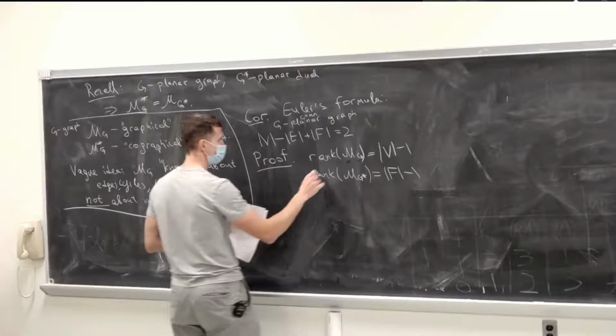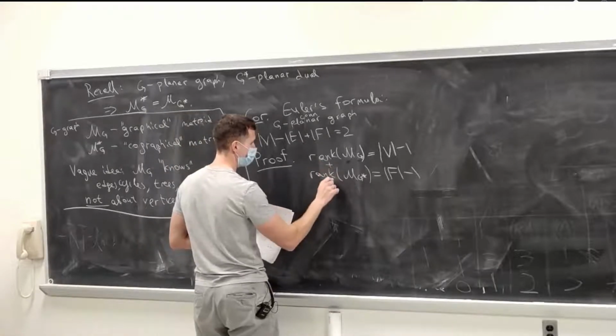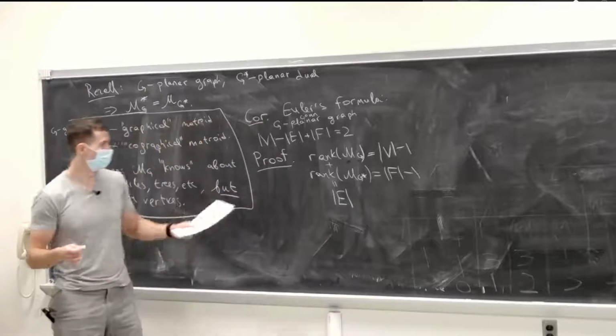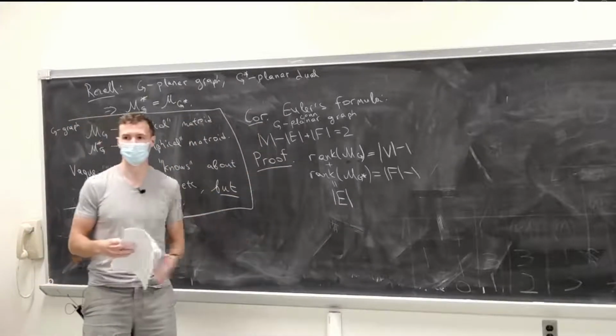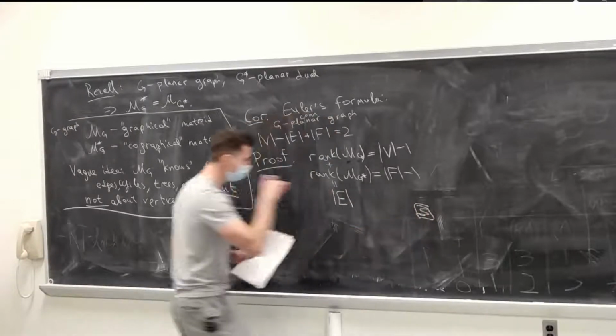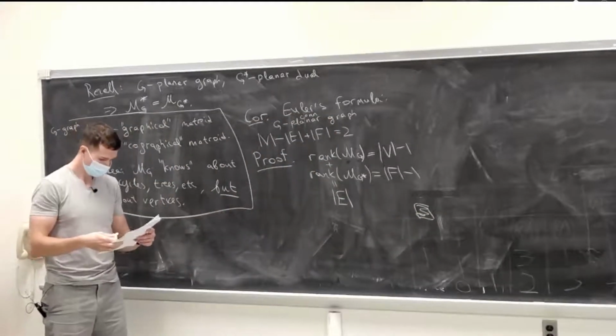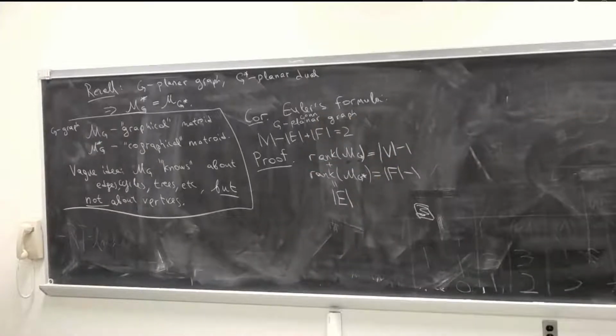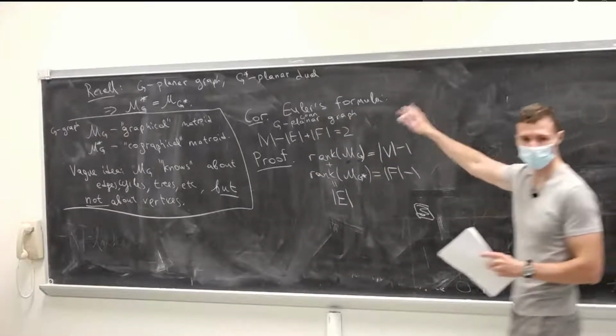Right, so if you take the sum of these two ranks, you are going to get the size of the ground set, which is E. So there you go. Any questions on this?